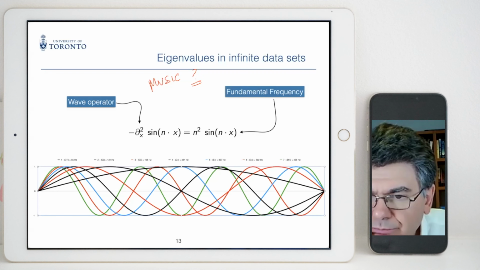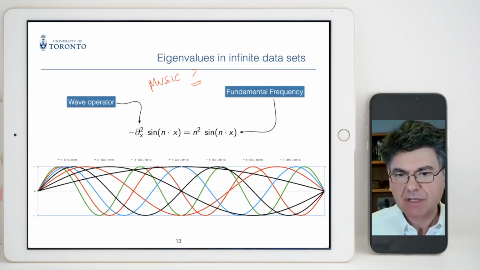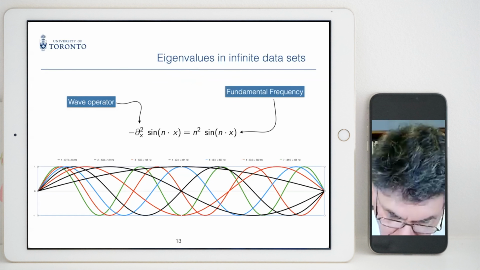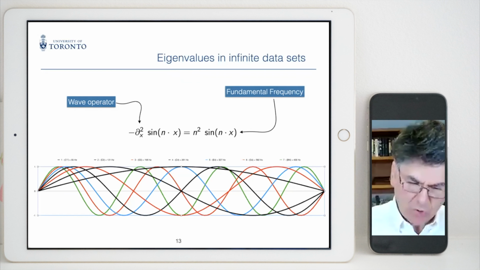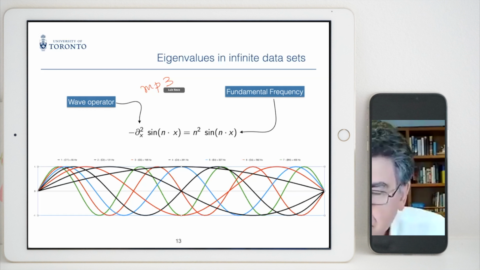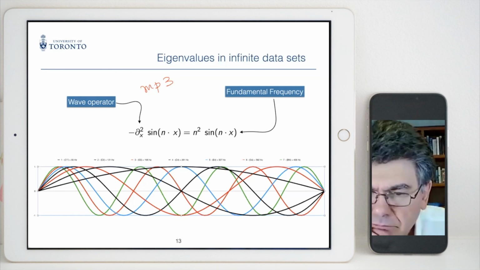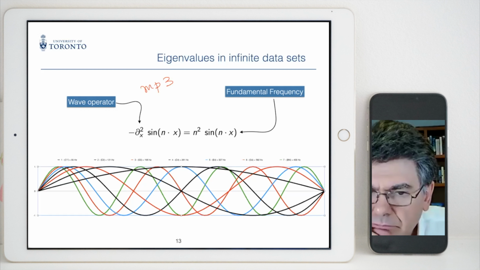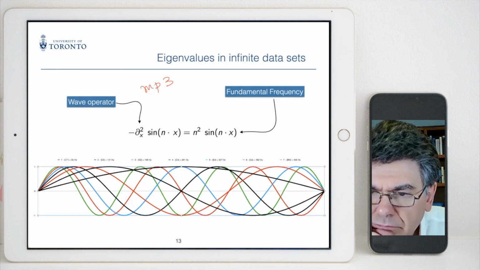Okay, there is a connection between this and music theory. You don't know. Let me ask you another question. Do you know what an MP3 is? No?